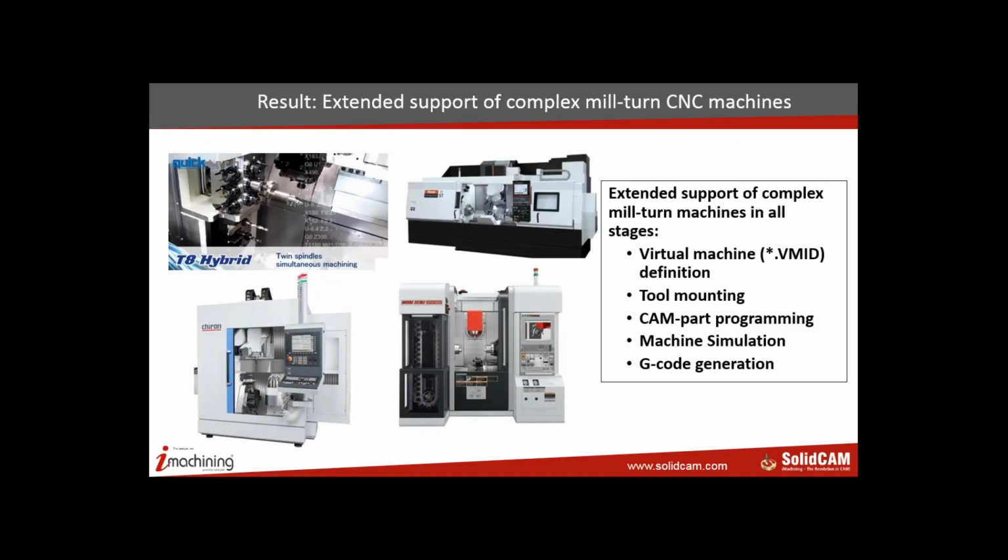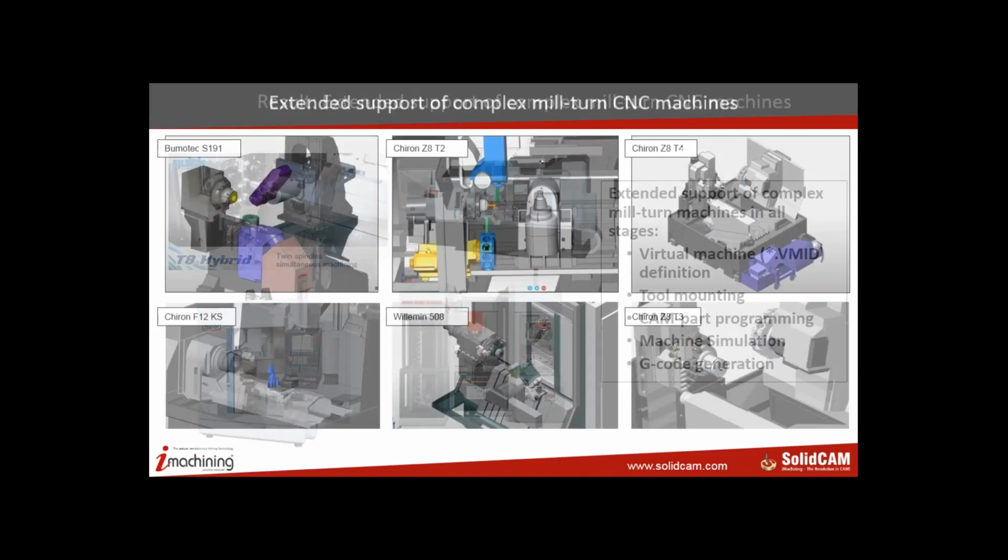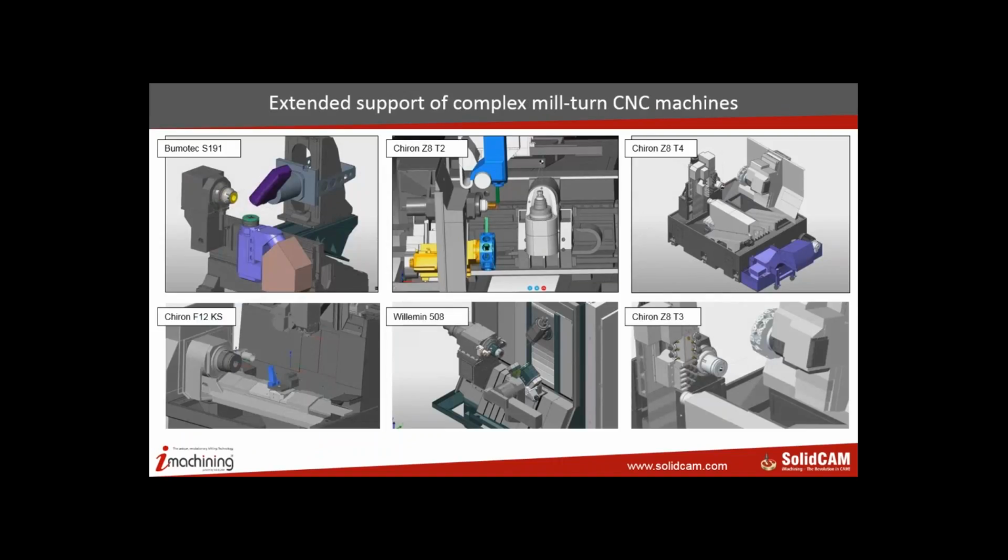And the result of all this is that we can now support even better the more complex Milturn machines because of the way they are all set up. And here's an example of some of the machines that we can now model up and support because of the way they work.